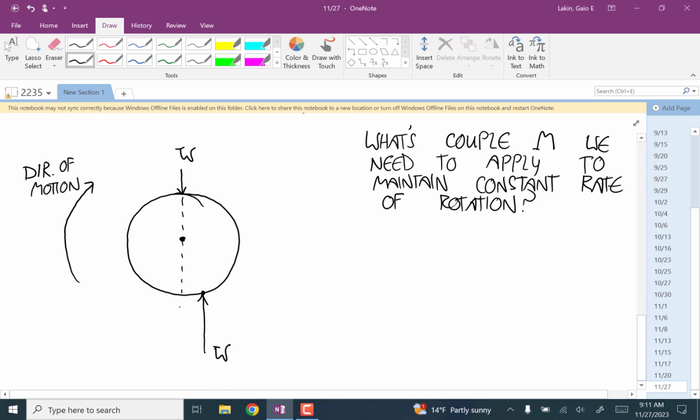Well, the couple that we're going to need to apply is going to be that weight W times this distance that I'm going to call rho.